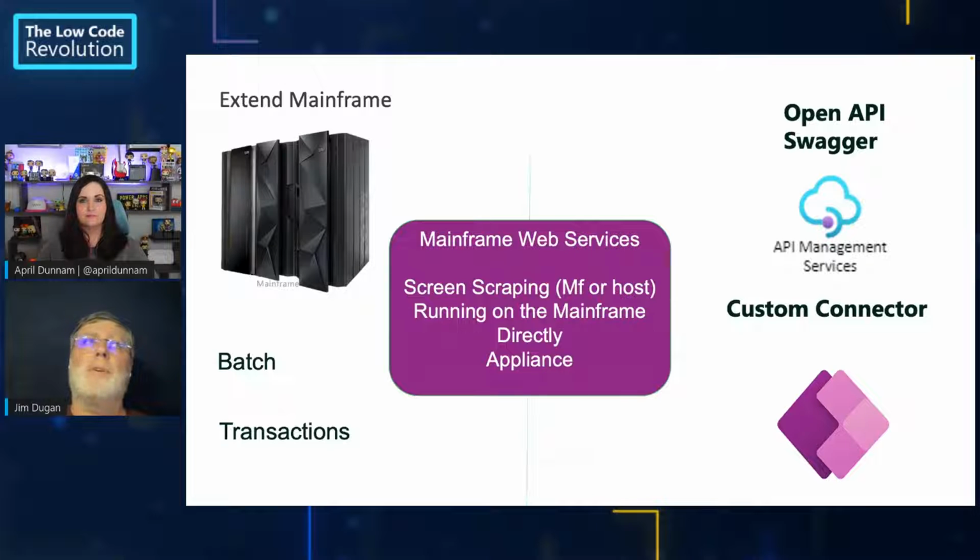A separate server could be something like a screen scraping of a transaction, exposed as a web service. It can also be direct, such as IBM z/OS Connect, running on the mainframe, and also CloudFrame.